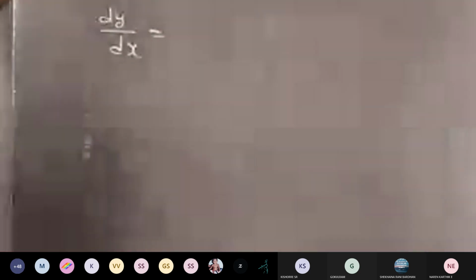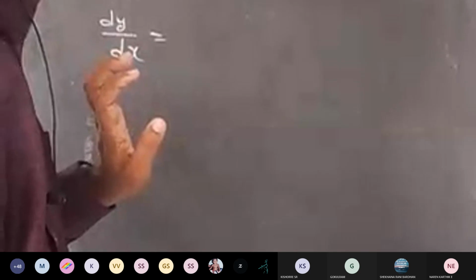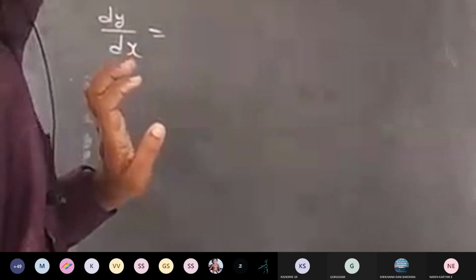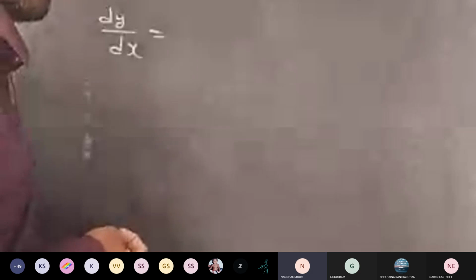What is d/dx of x power n? It is n into x power n minus 1.